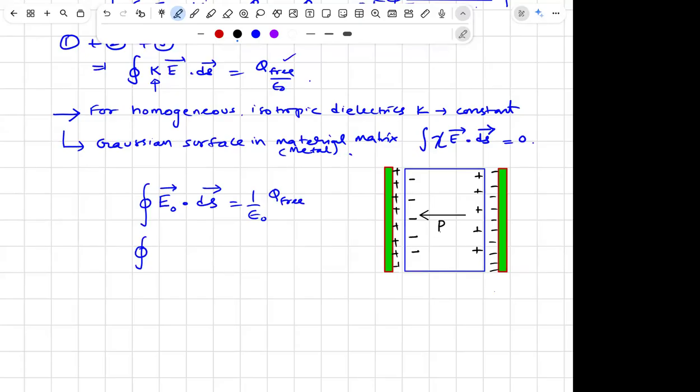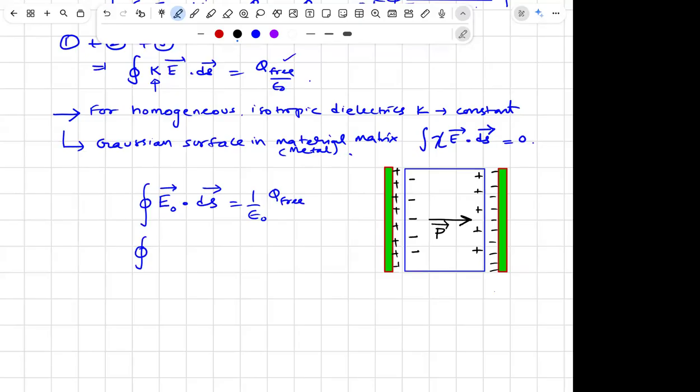Dipole moment is the direction from negative charge to positive charge. So therefore, that's the direction of dipole moment.